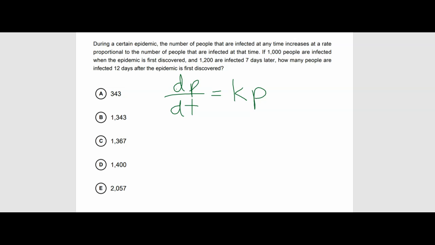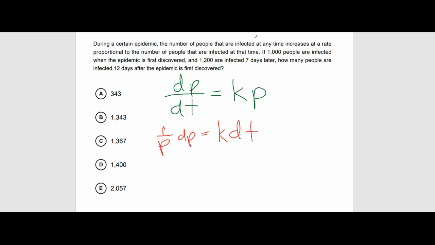Now, we need to find a general solution to this differential equation. You have two variables that you'll be integrating with respect to: T and P. So let's get the P's on the same side as the dP, and I'm going to leave the K on the other side. So I get 1 over P dP equals K times dt.